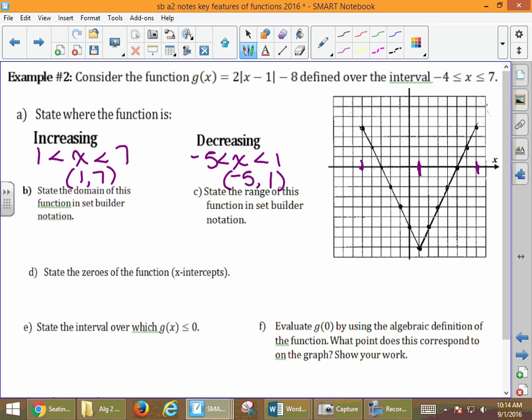When we look at the domain in part B, domain and range might be helpful if you draw the rectangle. I consider it a good technique. It's just that I don't draw my rectangles very well. But close enough. Because we have a starting point and an ending point on here, we have a specific domain. 1, 2, 3, 4, negative 5.